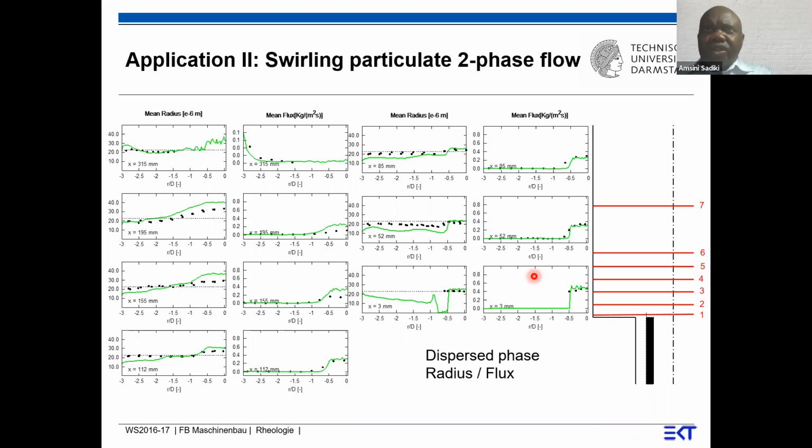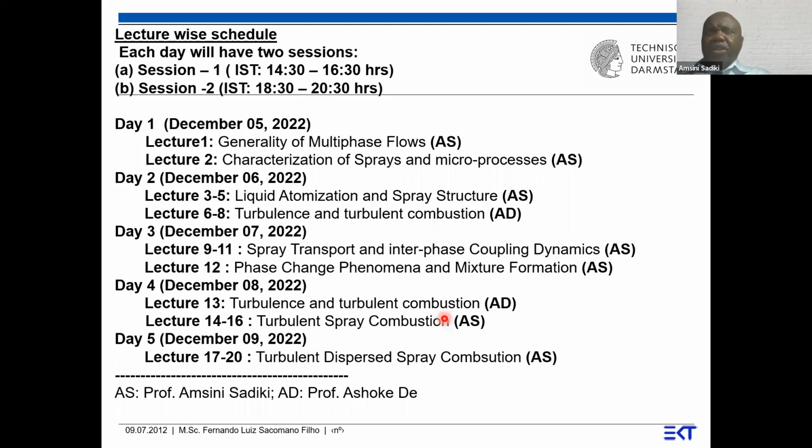I think I made a mistake here, so don't consider this, but we consider this part. I will correct this part and send it to you again. So this is the part we have without evaporation.